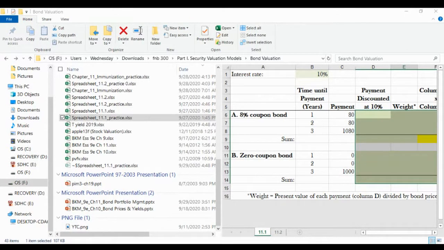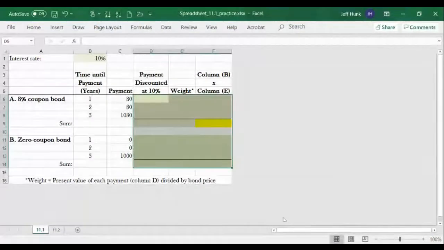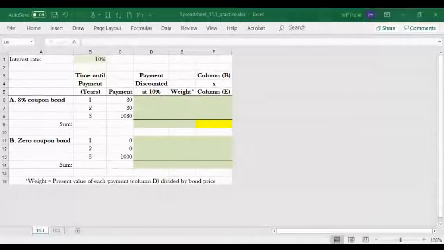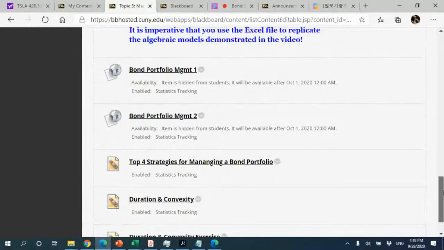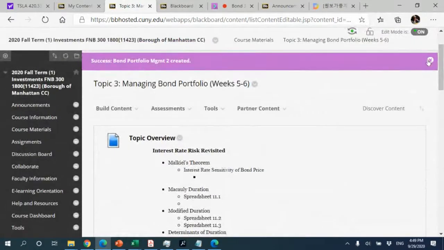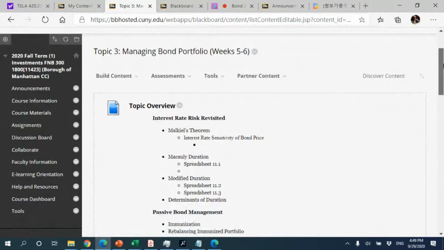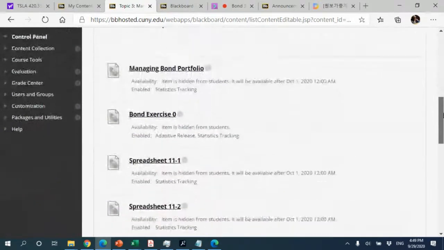Okay, this is spreadsheet 11.1, and yeah, there you go. And you can find it also in topic 3, managing bond portfolios.